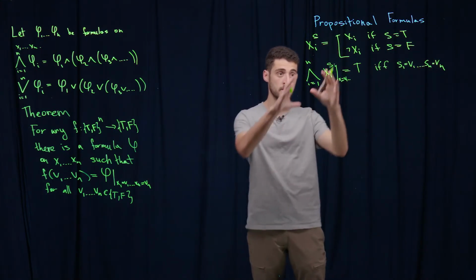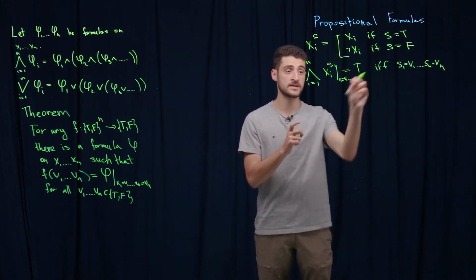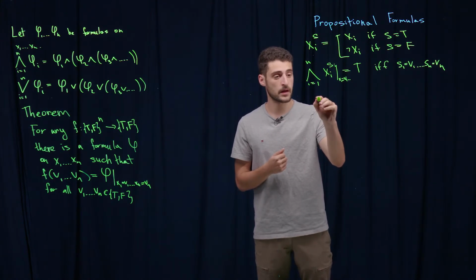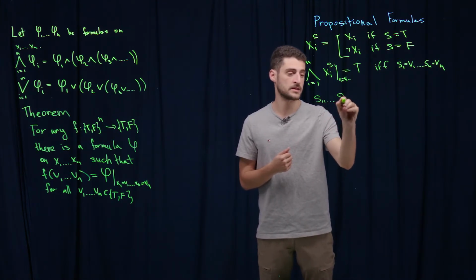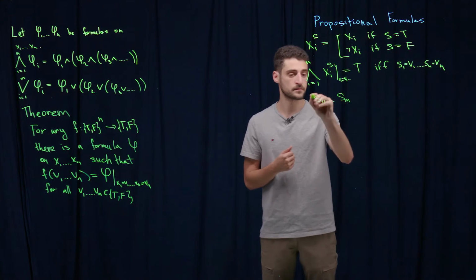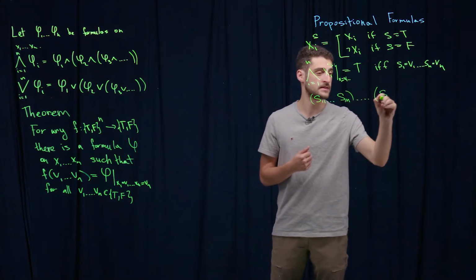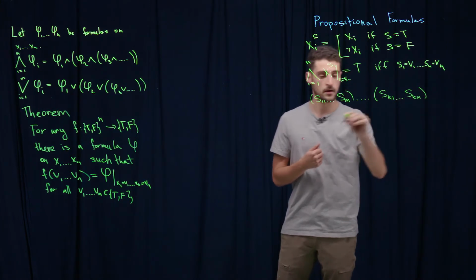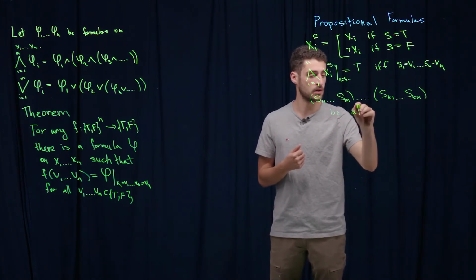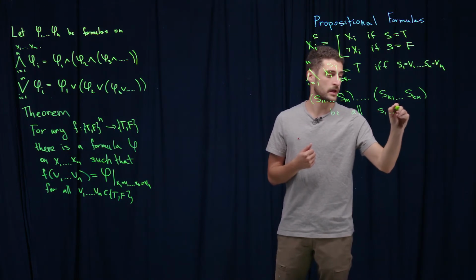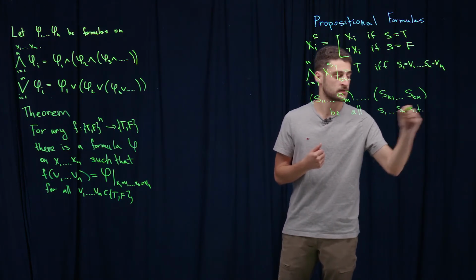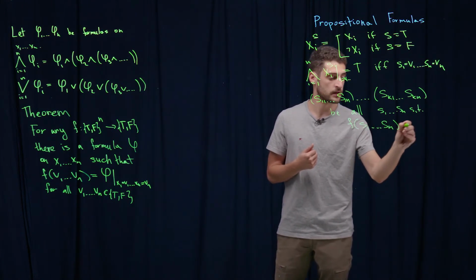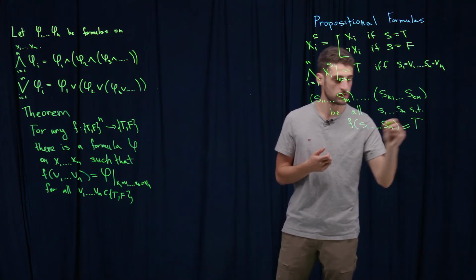Okay. So now we know how to satisfy one substitution and exactly one. Now let's write s11 to s1n, and so on, up to sk1 to skn, be all s1 to sn such that f of s1 to sn is true.